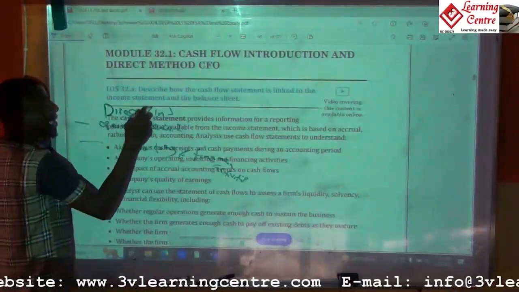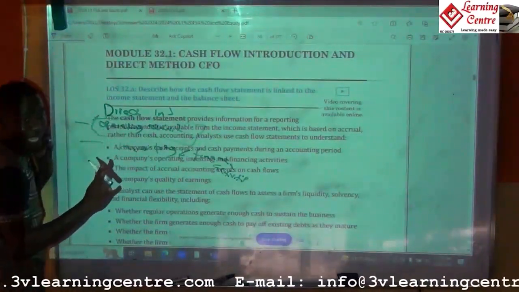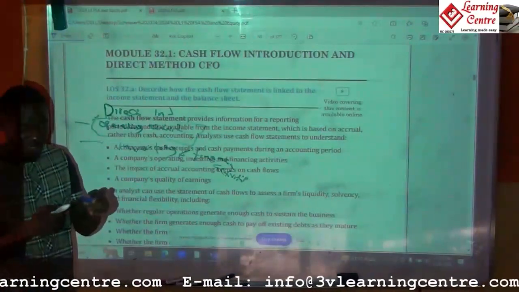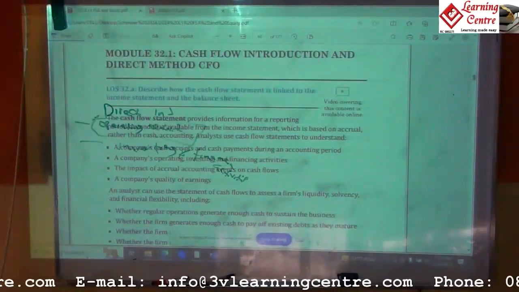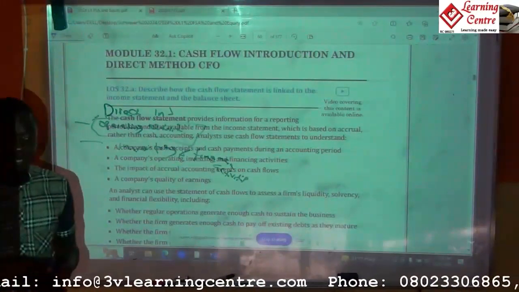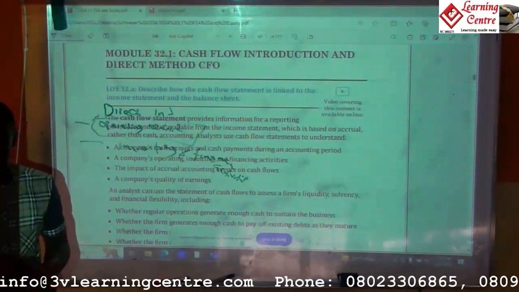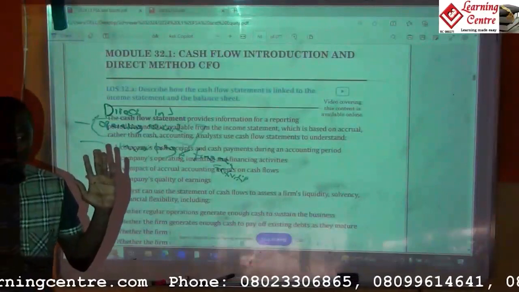So what differentiates direct and indirect is the operating activities. Are we together? So we now look at the operating activities, and look at investing and financing activities together.